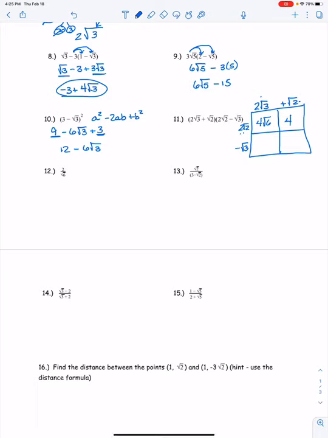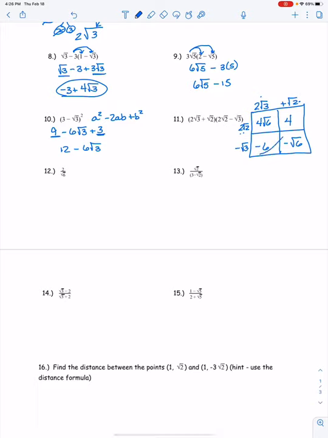Negative the square root of 3 times 2 the square root of 3 is going to give me negative 6. And negative the square root of 3 times the square root of 2 gives me negative the square root of 6.